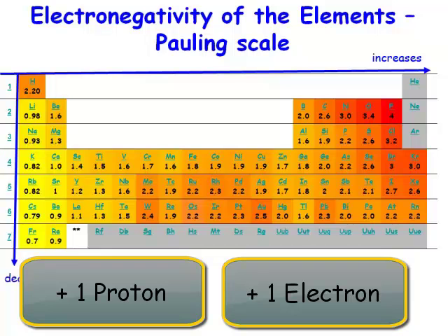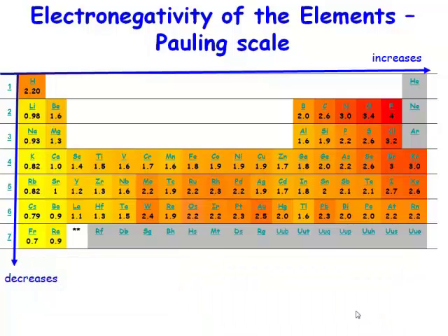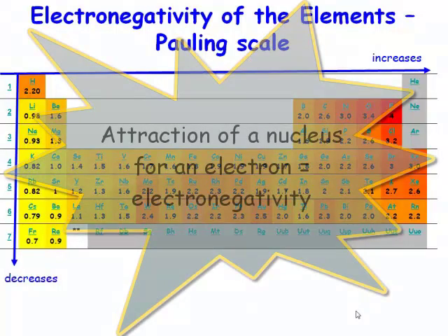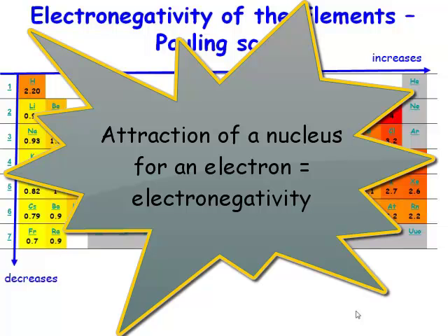It also follows that because the effective nuclear charge is increasing, the electron affinities will increase. It becomes more favourable to add an electron to your atom. And the attraction of a nucleus for an electron is what we're measuring and what we're talking about when we're describing electronegativity.